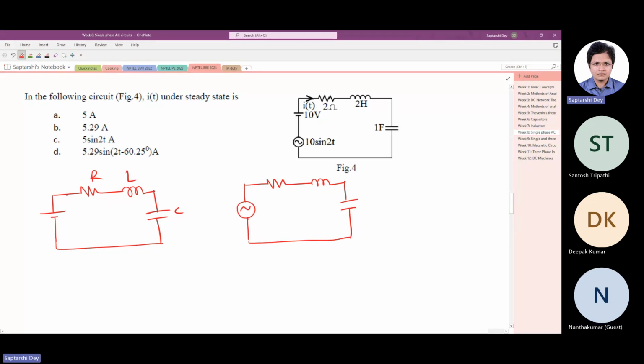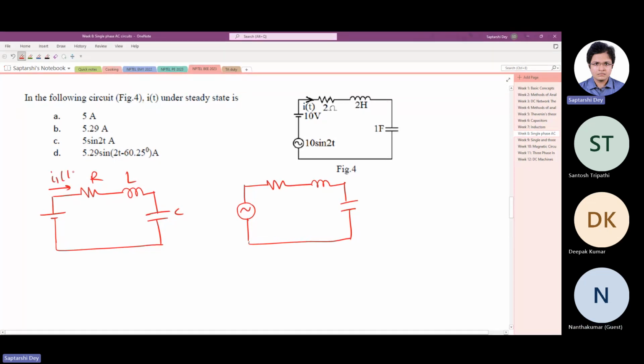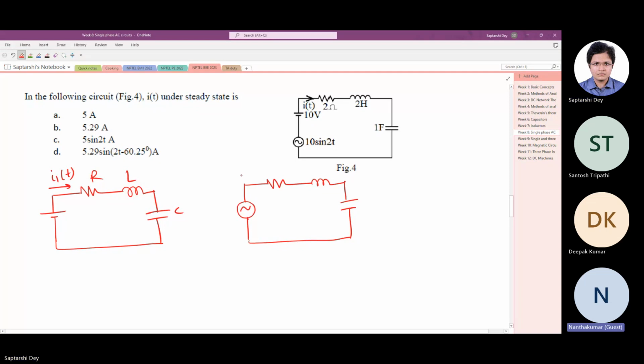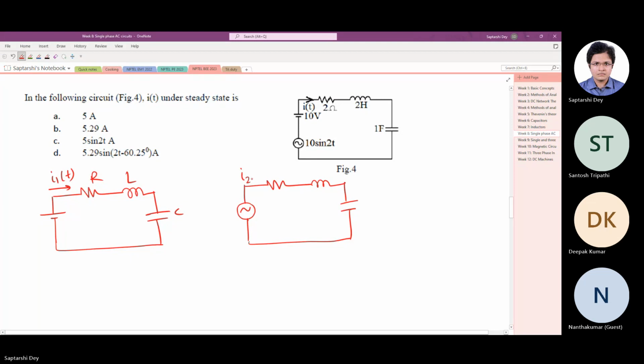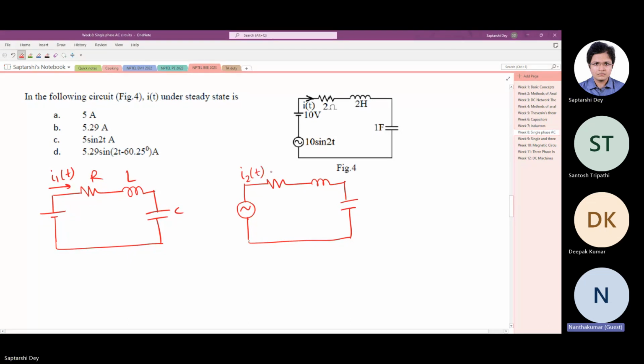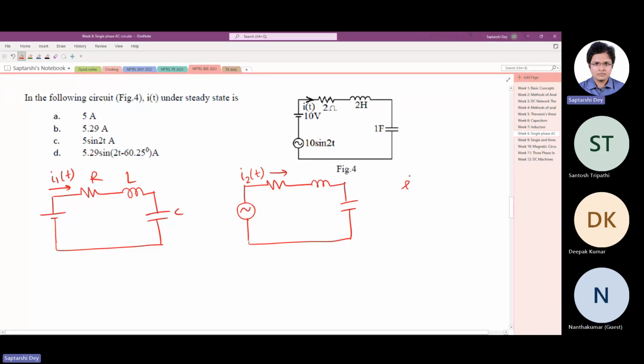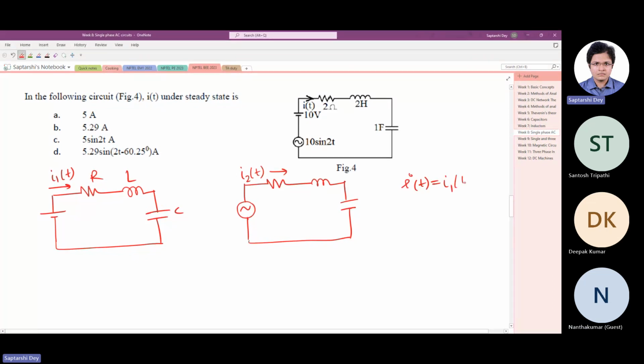Now if the steady state current through this is this much and through this is this much, then the steady state current of the actual circuit given to us, the main circuit, is the addition of these two.